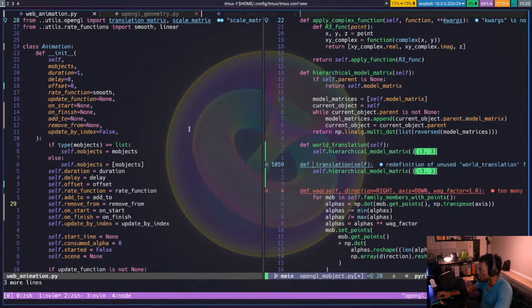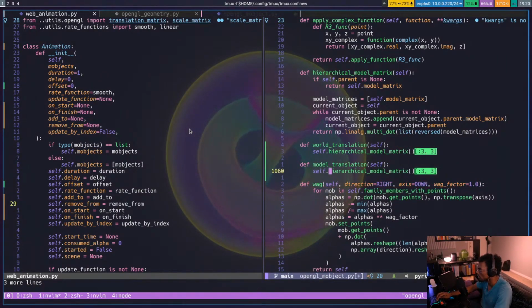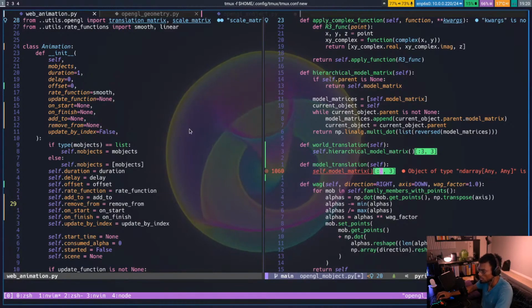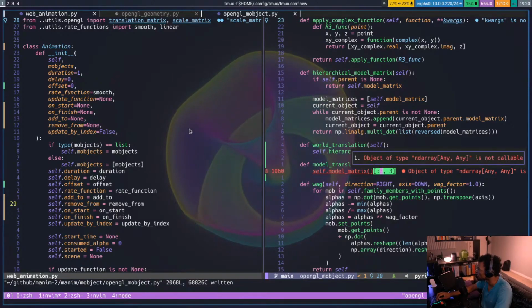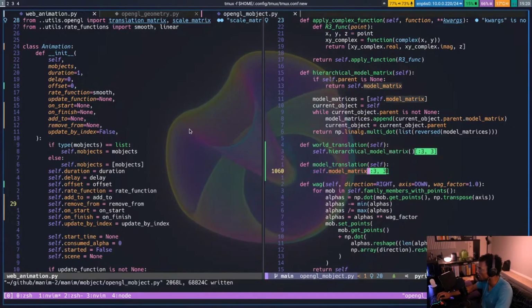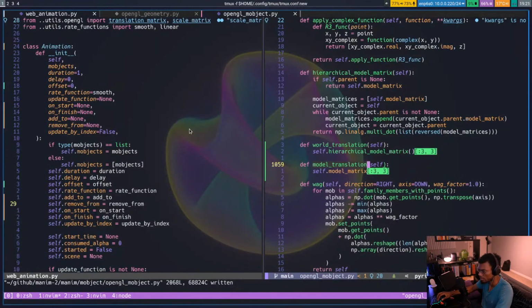I'll just write one called model translation, and do self.model matrix at this. And it does not like that very much. Oh, yeah, it's not a function. Model translation. Great, because I end up doing that quite a lot.